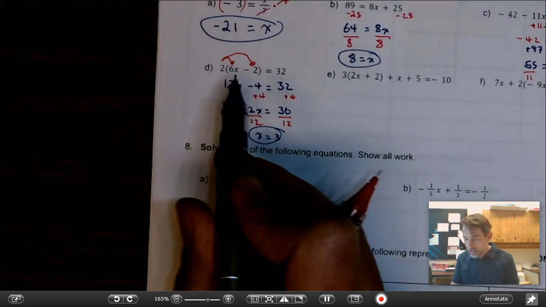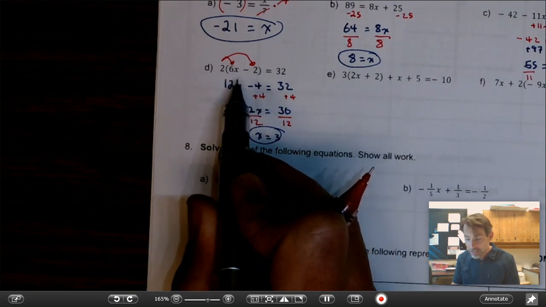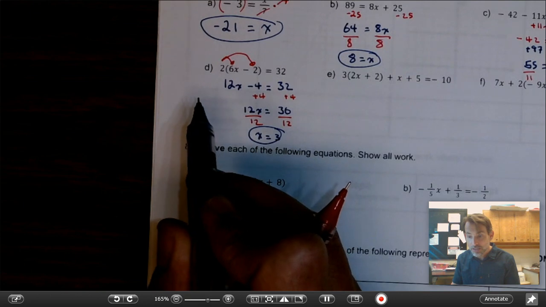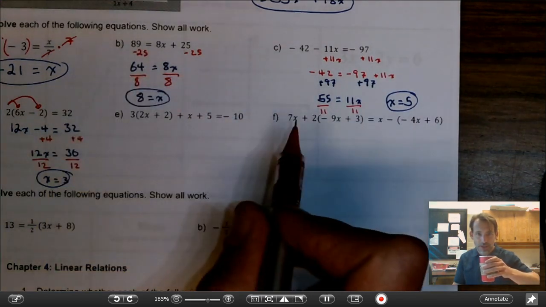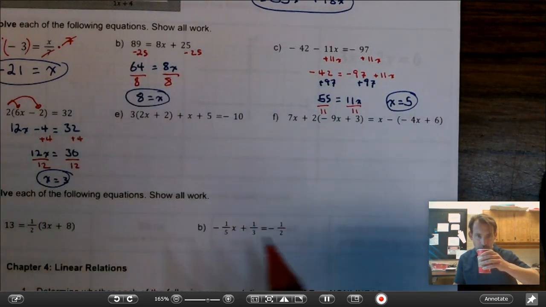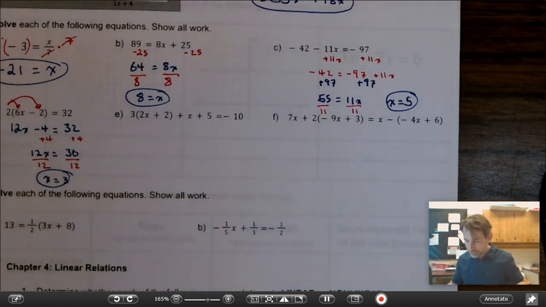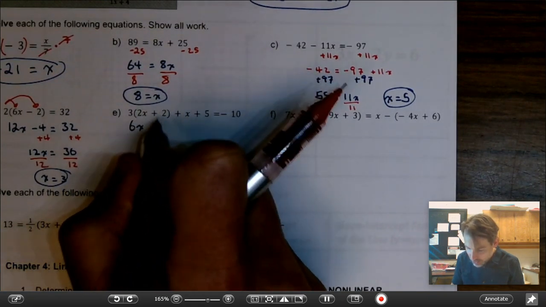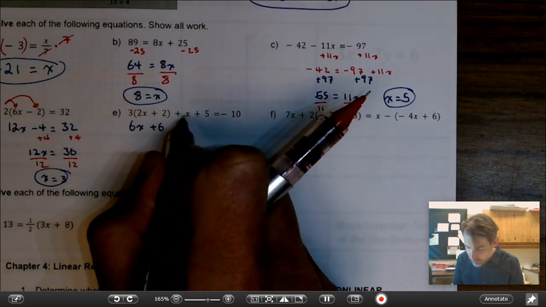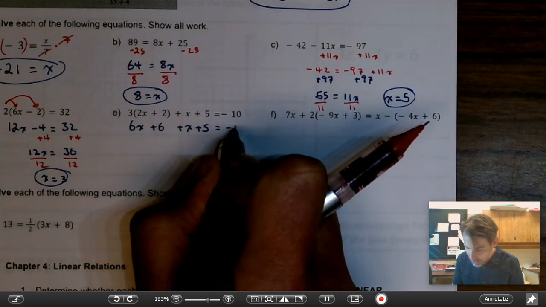Okay, quickly check it. 6 times 3 is 18. 18 minus 2 is 16. 16 times 2 is 32. There we go. So check it with your calculator. Okay, over here, again, we just got to simplify as much as possible, and then we get the answer. 3 times 2x, 6x. 3 times 2 plus 6 plus x plus 5 equals -10.